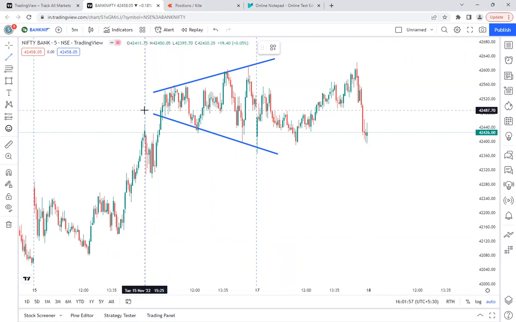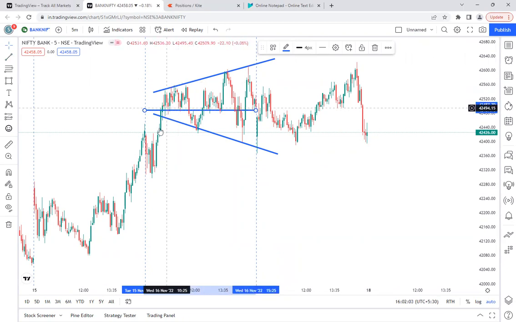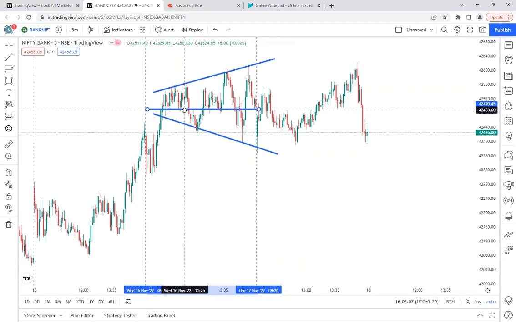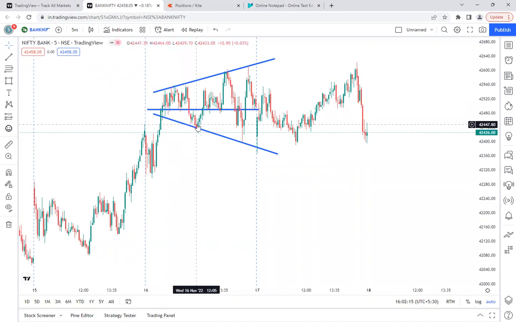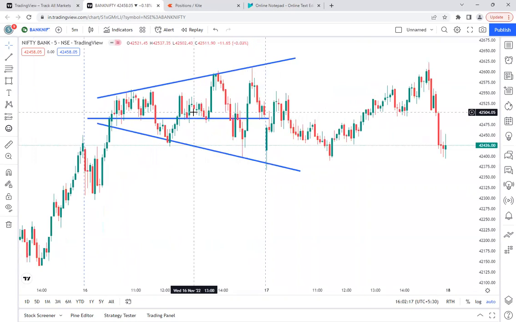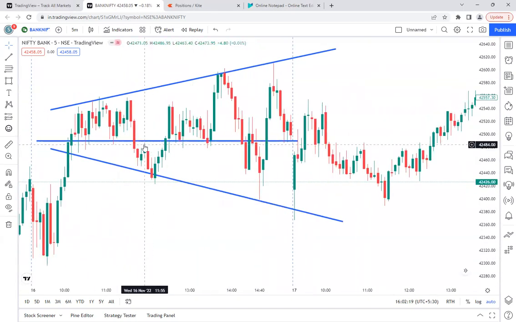And what I observed is the level which they took as an equilibrium level. That means for this complete pattern, they made this level the key support and resistance. Initially they took support at this level, and once it fell down, if I zoom here, it tried to go up, but it failed at that level and then fell down again.